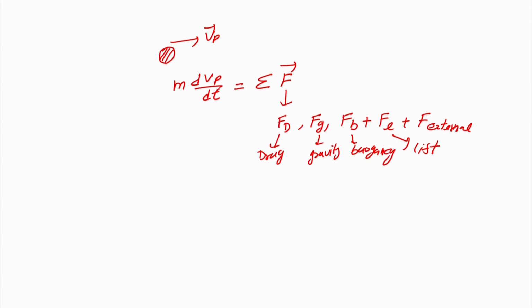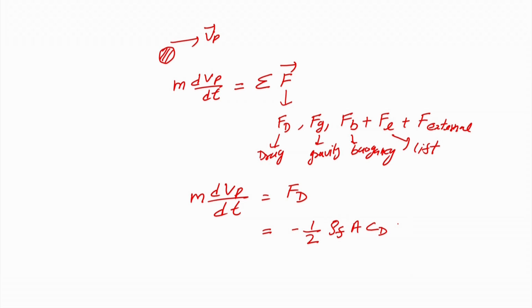So, the force acting on this body will be F d, the drag force. Now, drag force is going to oppose the motion of the particle. So, this will be minus half rho of fluid into V square, into area into C d.